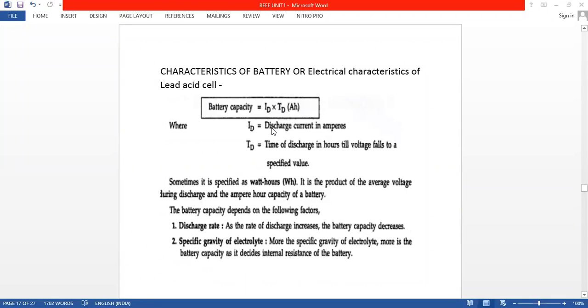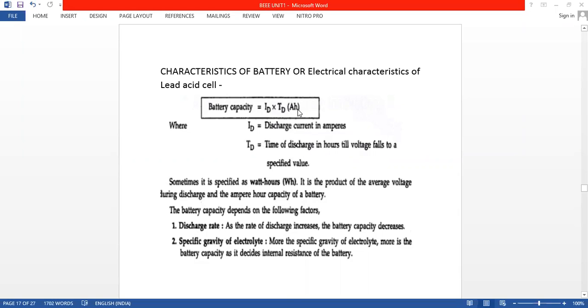So what is a discharge current? Symbol ID. Into how much time it is taking to give electricity to the bulb. So time of the discharge in hours, till the voltage falls to a specified value. So you can write TD is the time of the discharge, or time taken to discharge completely. So what is the battery capacity? Battery capacity is the product of discharge current and time taken to discharge.